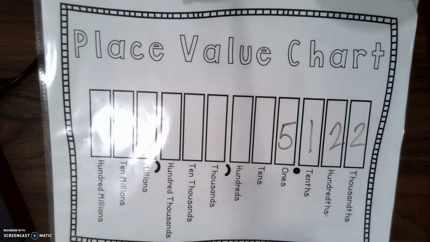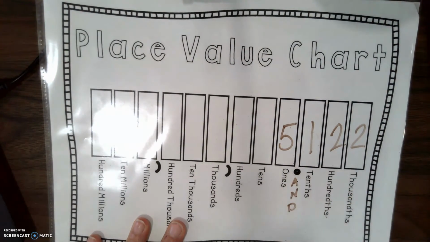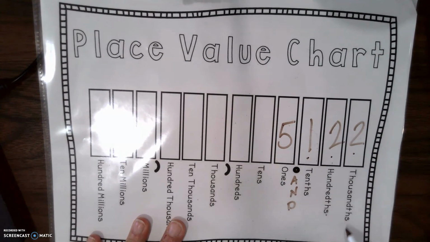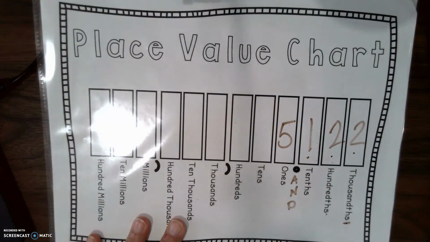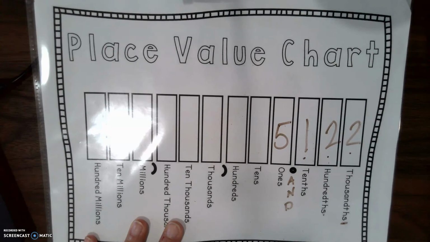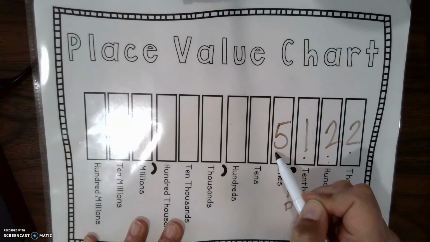So let's read this number together. 5 and 122 thousandths. That's our last word that we come to, and we're going to round it to the nearest whole number. Remember, our nearest whole number is our ones.